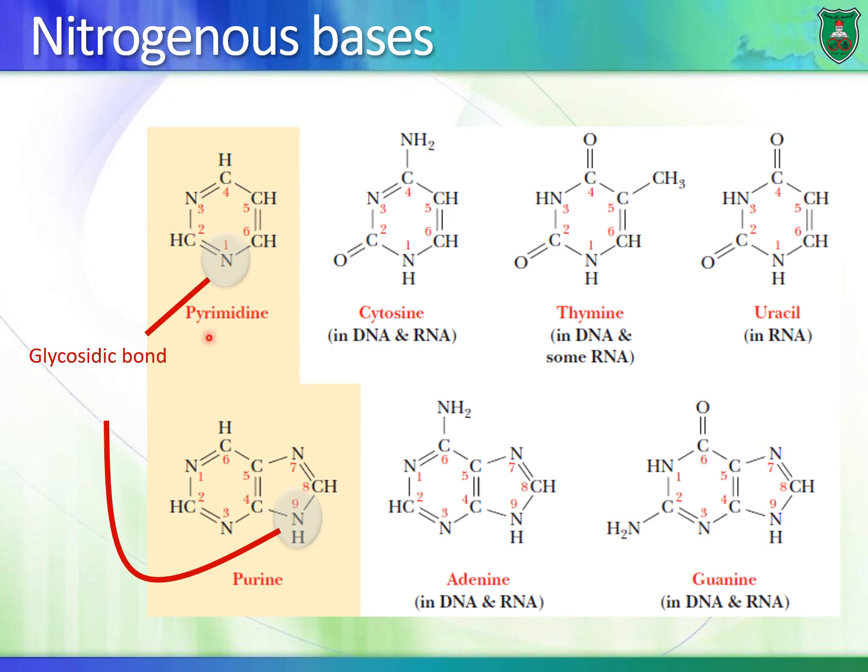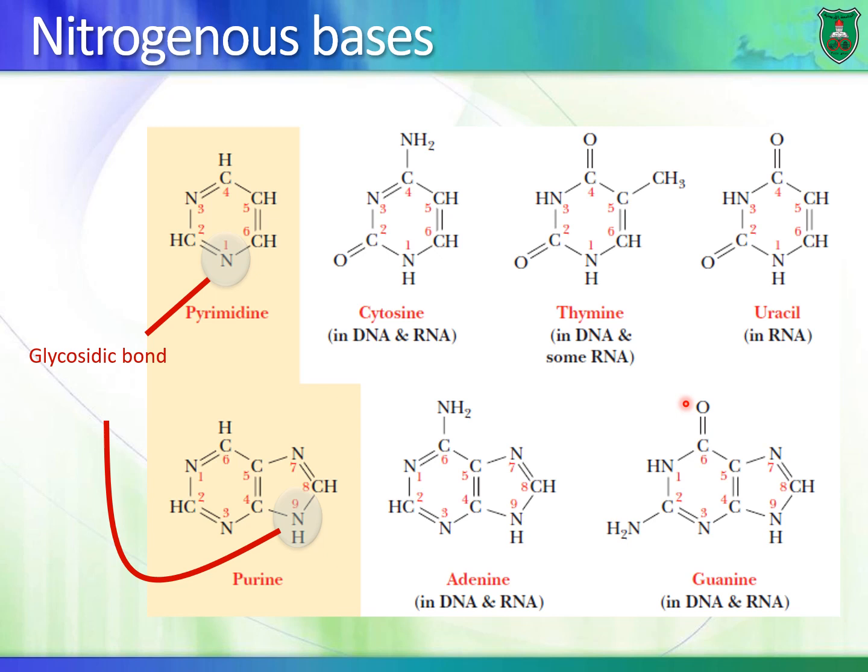There are two types of purines that make up DNA and RNA, and these are adenine and guanine. Now notice the difference between the two. Adenine primarily has a nitrogen amino group right here, and guanine has a ketone group right there.